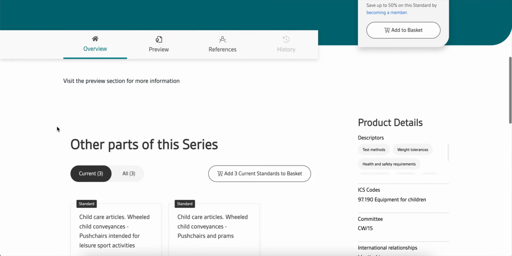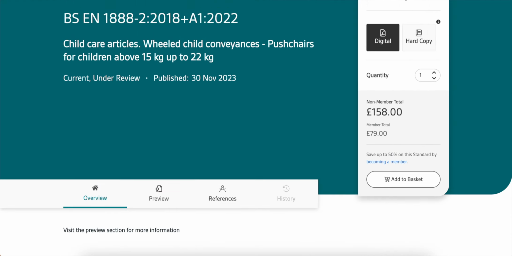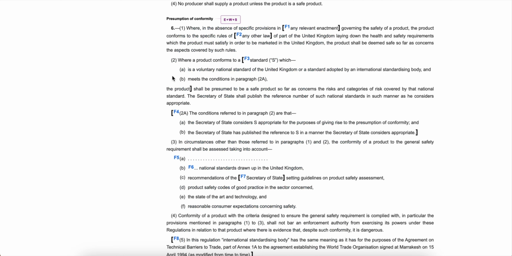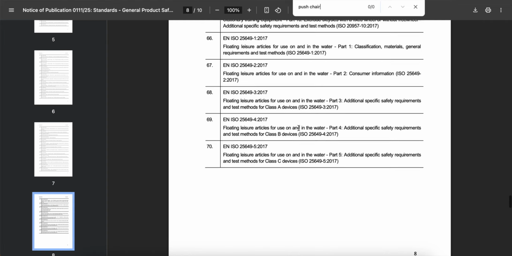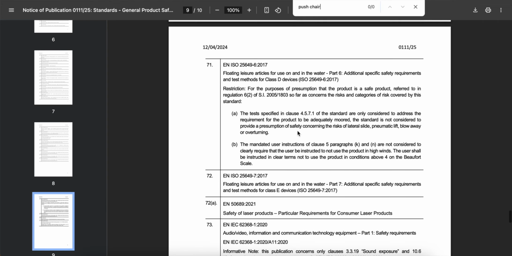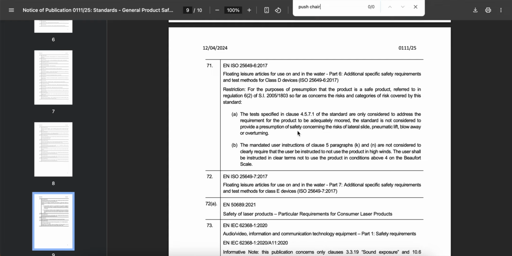In this video I just wanted to show you a very brief methodology explaining the basics. Why does this matter? The core concept of presumption of conformity. We begin by looking at reference standards. Make sure you pick the latest version. You scan the list and see if you can find one, possibly more than one standard, relevant to your product.